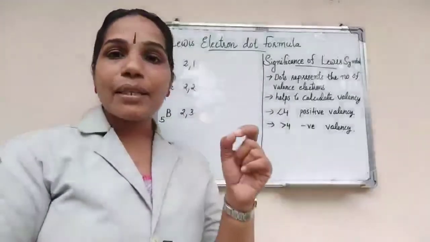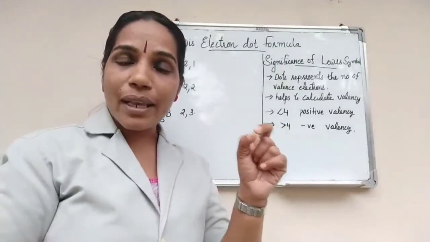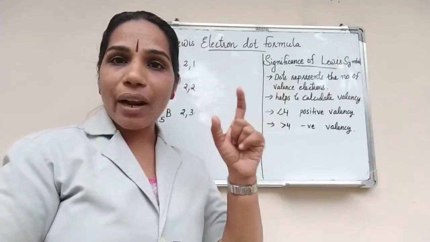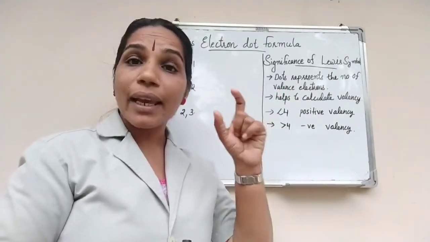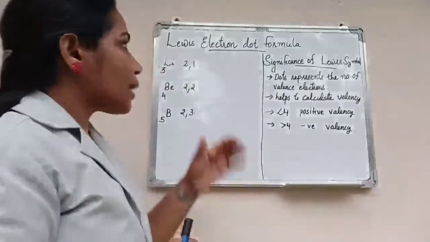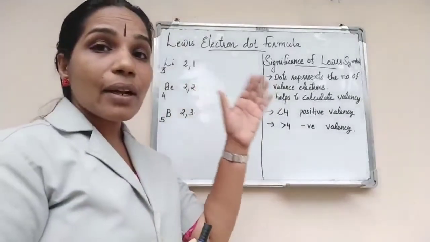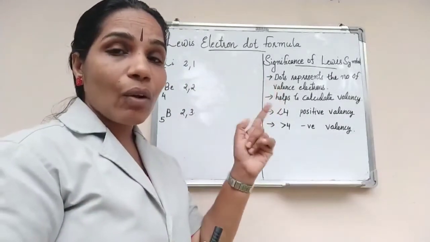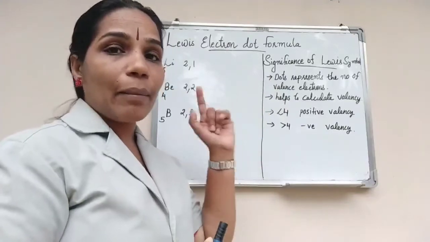Lewis represents these valence electrons as dots around the symbol of the element.